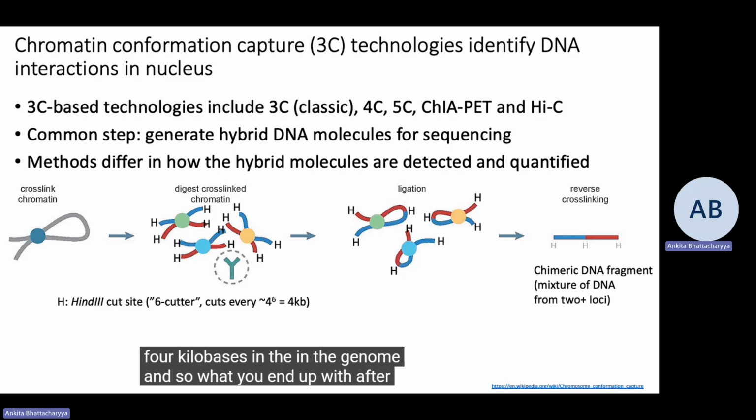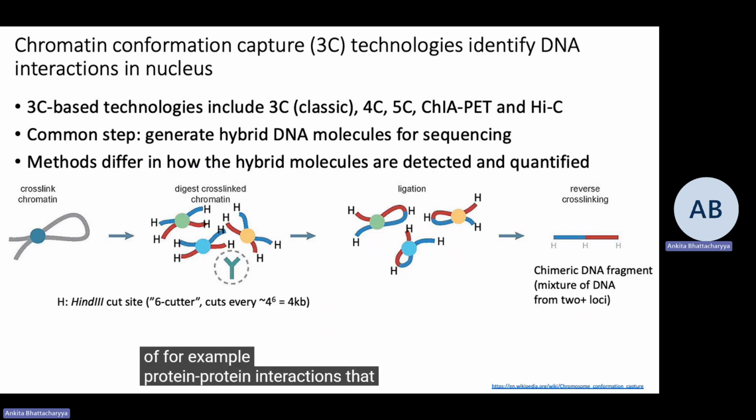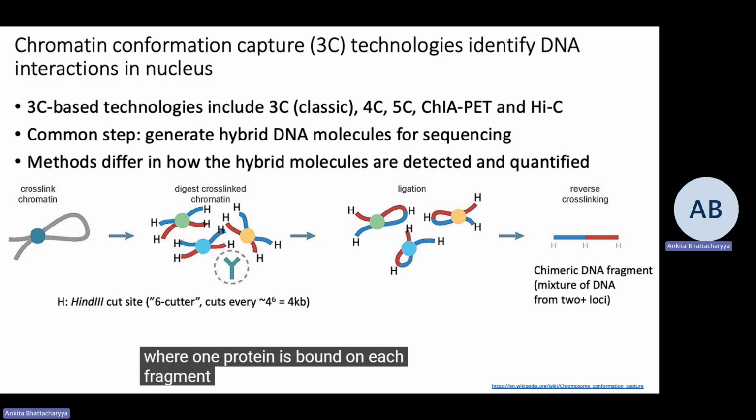What you end up with after you use your restriction enzyme is, generally speaking, a lot of fragments, including distal genomic loci that are cross-linked together because of, for example, protein-protein interactions, where one protein is bound on each fragment.